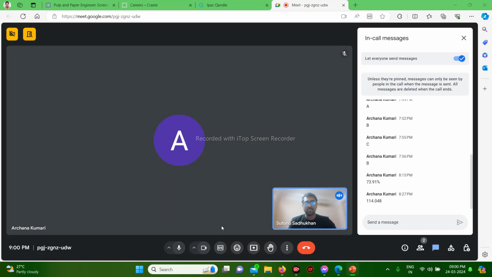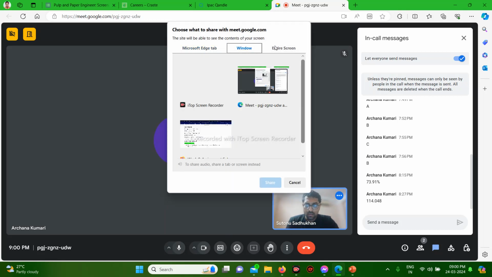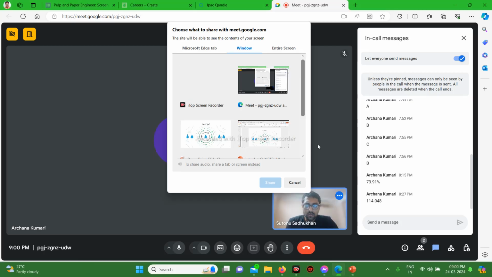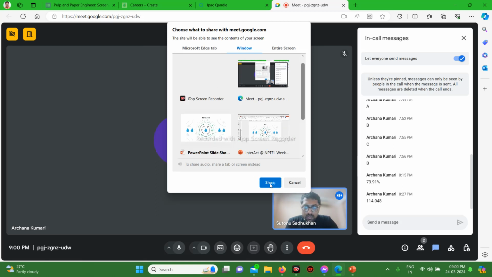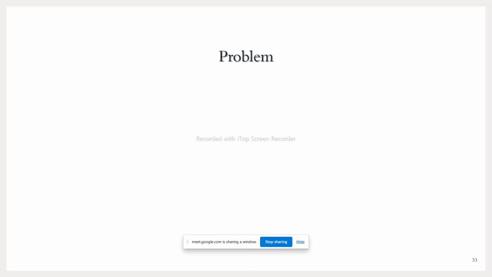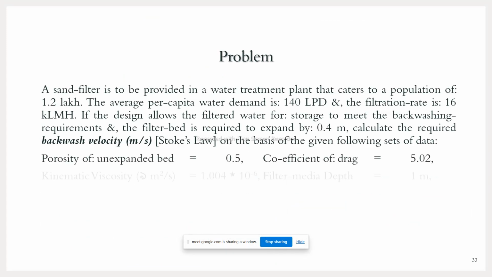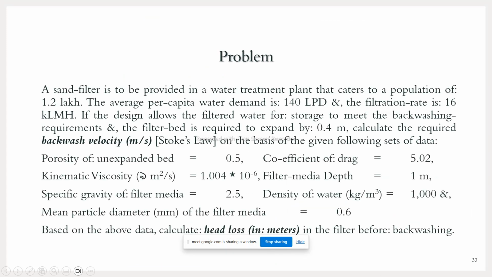You can see in the question there was the mention of the kinematic viscosity nu.